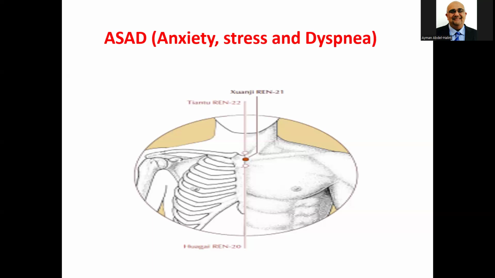It's a very simple maneuver. This area is pretty sensitive, by the way. Just a nice pressure over the manubrium, in a circular motion, can help quite a bit with dyspnea, and sometimes with stress. I use it myself for stress.